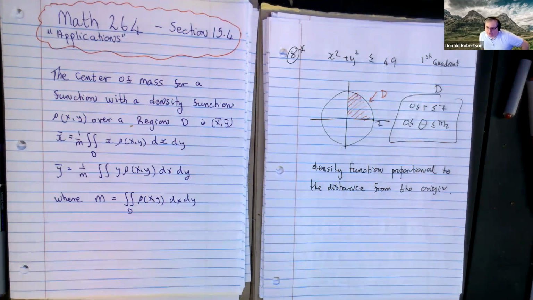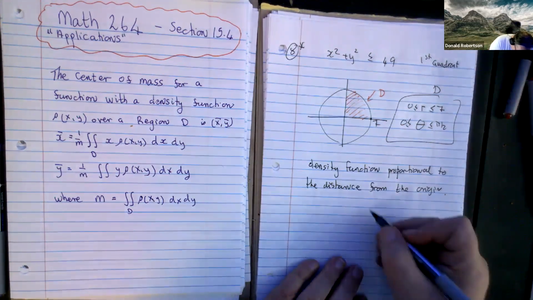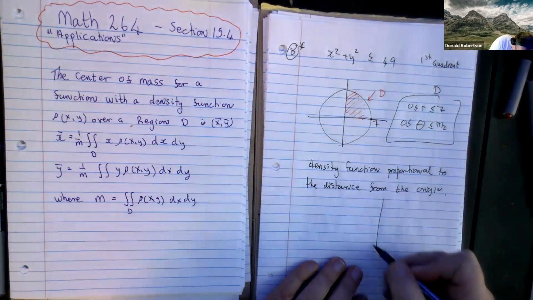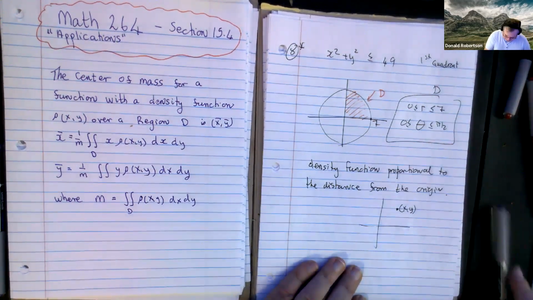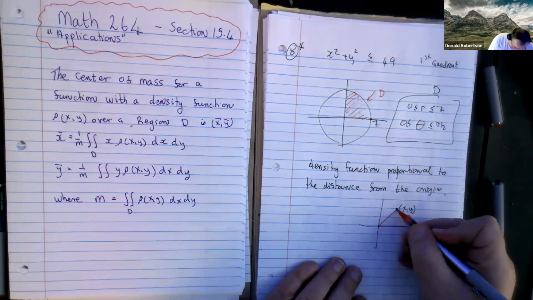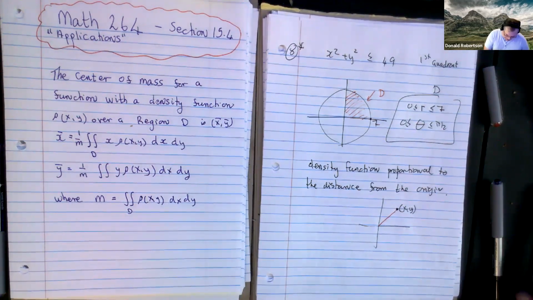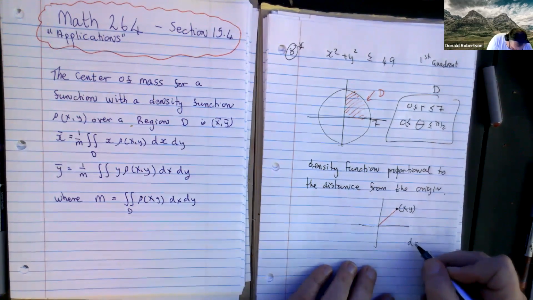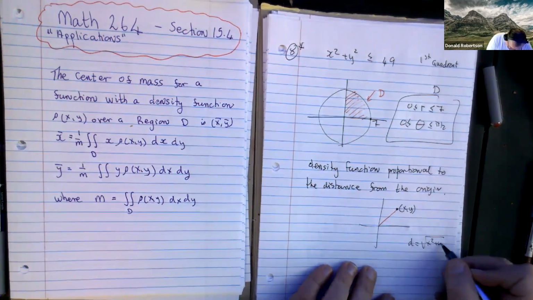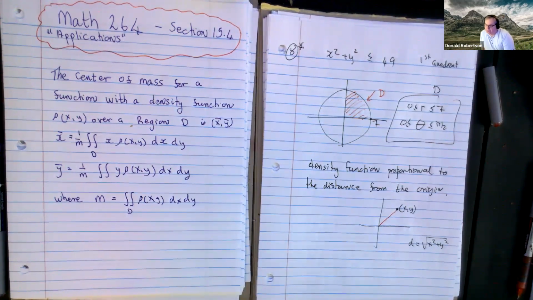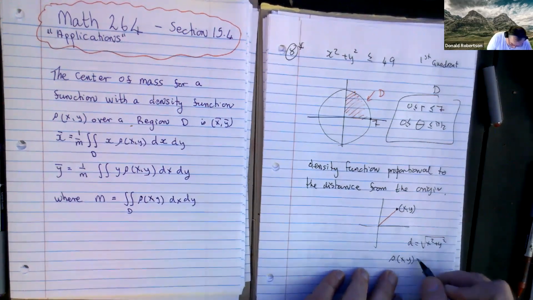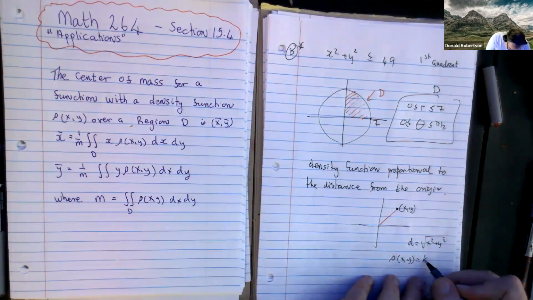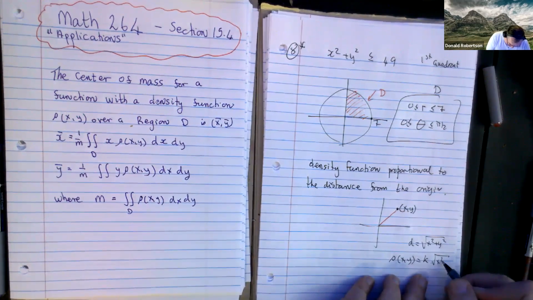If I tell you that a function or a thing is proportional to the distance from the origin, then I need to know what the distance of any point from the origin is. So you can imagine that's the point x, y. Its distance from the origin is that distance there. And I know that distance is the square root of x squared plus y squared. So far, so good. My density function is proportional to that guy. So it's k times that guy.